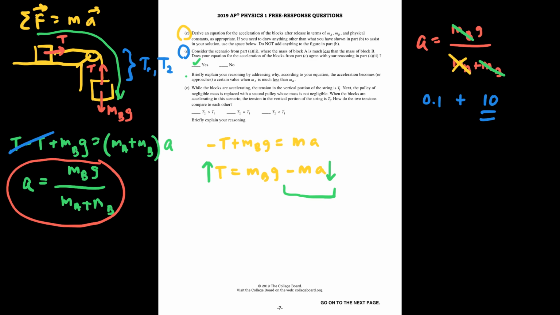So when the pulley with the non-negligible mass is attached, the new tension T2 is going to be greater than T1. My brief reasoning is that due to the energy required to rotate that heavy pulley, the acceleration is decreased and the tension will increase, in accordance with this Newton's second law equation that I wrote out.